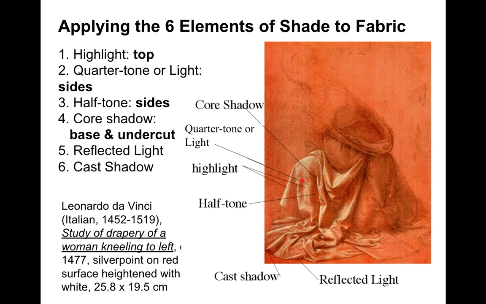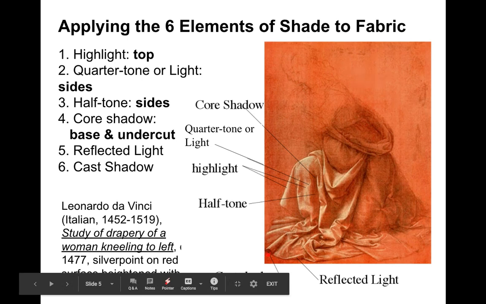And then quarter tones is where it's lighter gray, so those would be like sides as it falls. And then in here, we have reflected light shining back on the fabric, and then a cast shadow under here where the fabric casts onto the surface it's sitting on.